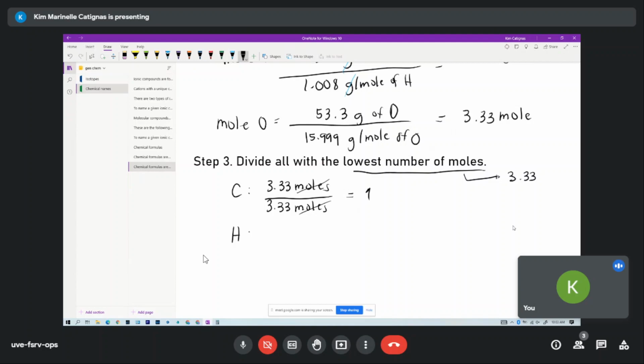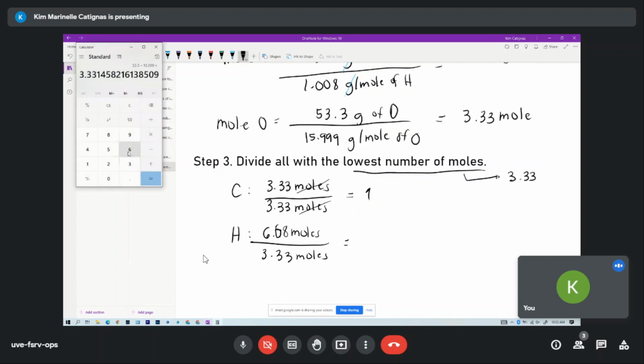And for hydrogen, we have 6.68 moles divided by 3.33 moles. I-calculate natin para sure. 6.68 divided by 3.33, that would be 2.